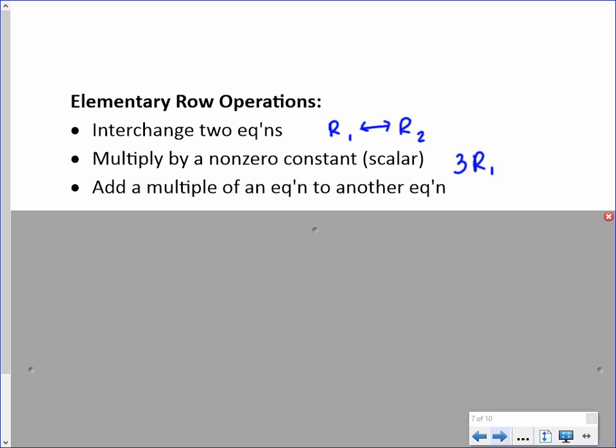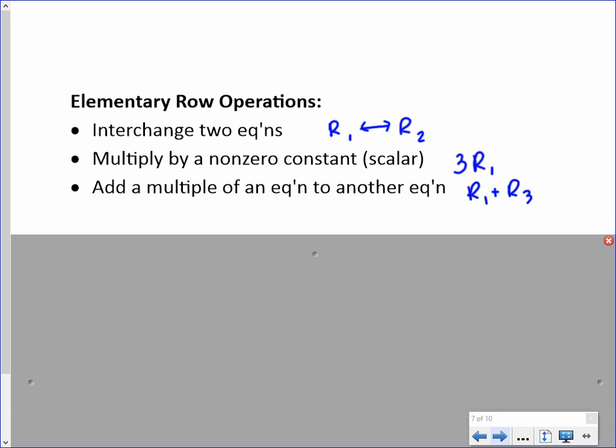You could do something as simple as R1 plus R3, or you could say I need to do 2 times R1 plus R2. So those would be examples of that third bullet. If you're doing two things at once, you're multiplying a row by something, and then you're also adding it to something else. So if you used the R1, R2, R3 previously, you're going to feel pretty comfortable. I use sub 1, sub 2, sub 3 in matrices, but if you have it like R1 on the same line, that's not going to bother me.